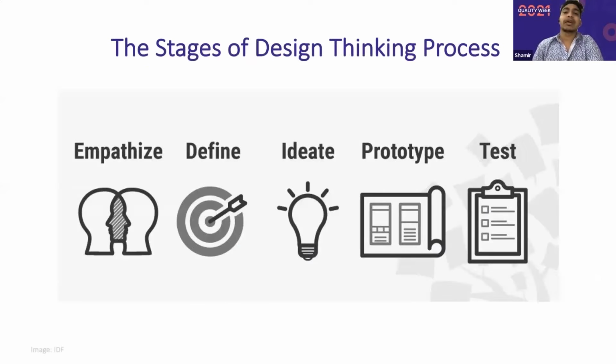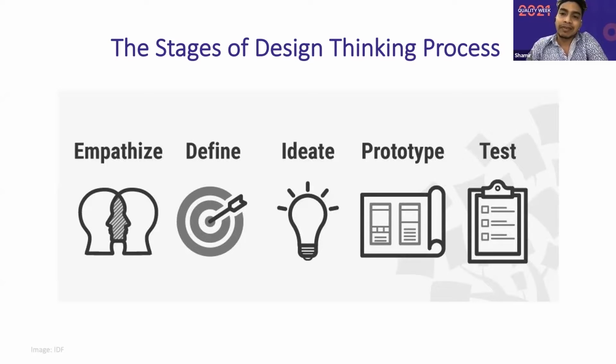Next up, I would like to touch base upon the stages of the design thinking process. Like I explained previously, design thinking is how the approach is being taken. But as you all would have heard, design thinking is a process, and there are 5 main stages of the process, right?